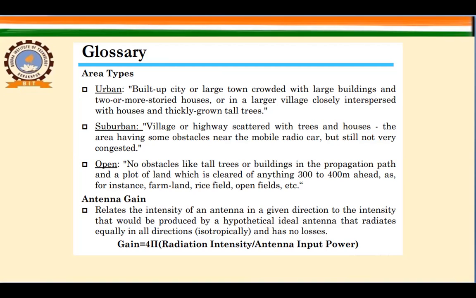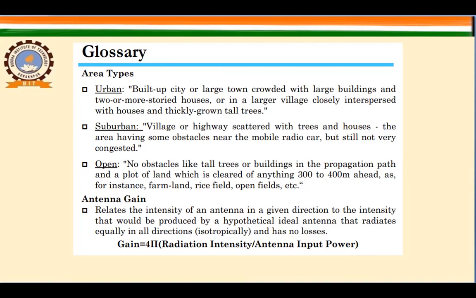Another thing in the glossary is the antenna gain. It is related directly to the intensity of your antenna in a given direction, compared to the intensity that would be produced by a hypothetical ideal antenna that radiates equally in all directions.